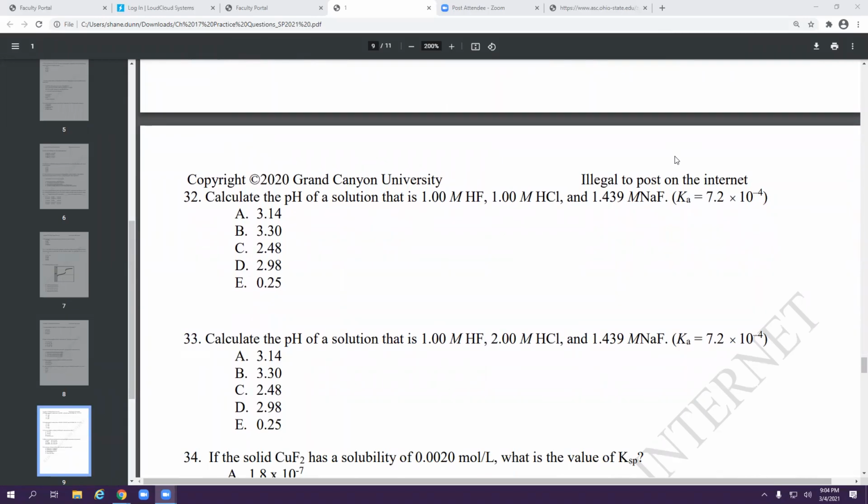Calculate the pH of a solution that is, and so on. They all have the same concentration at the same volume, which means very easy question. So HCl, is that going to react with my weak acid or the conjugate base?